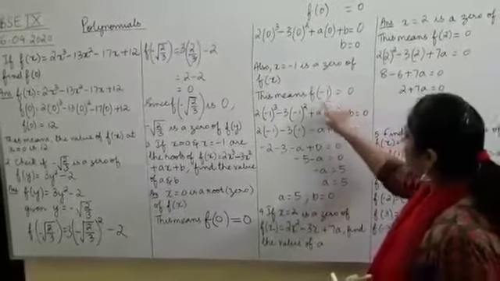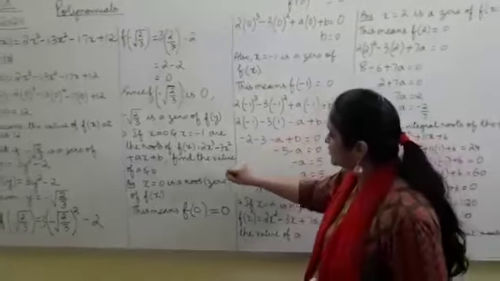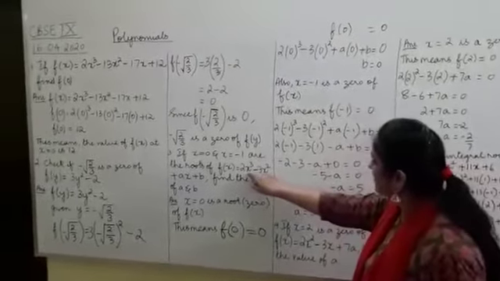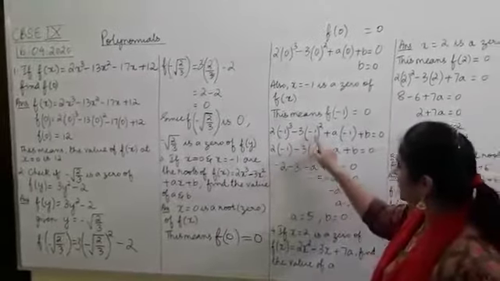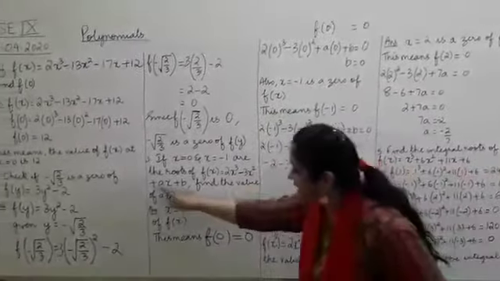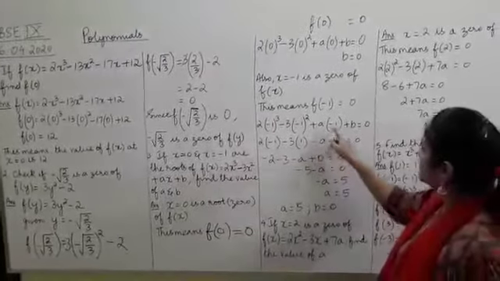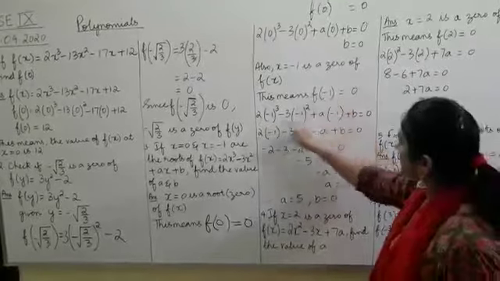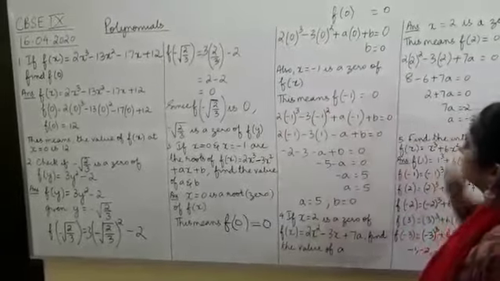How do you expand f of minus 1? Wherever there is x, you should use minus 1. So see here, minus 1 the whole cube, minus 3 into minus 1 the whole square, plus a into minus 1, plus b. F of minus 1 is what we have written, equal to 0.